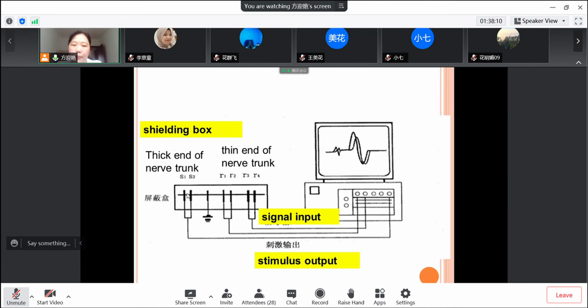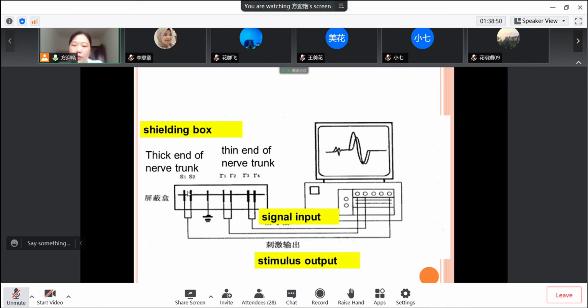Place the thicker end on the stimulator electrode, and the thin end of the nerve trunk on the recording electrode. We have known that this is a bunch of nerve fibers. So the conduction velocity is related to the diameter of the nerve fiber. Thicker means the speed is higher, and thin means the speed is lower.